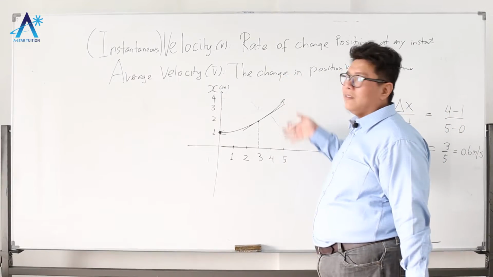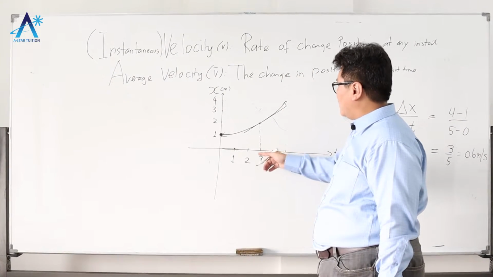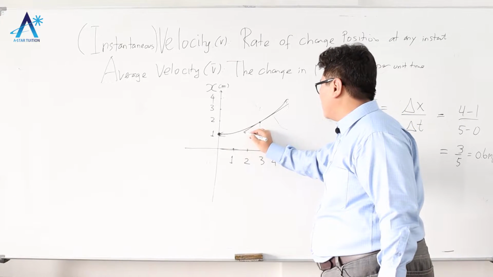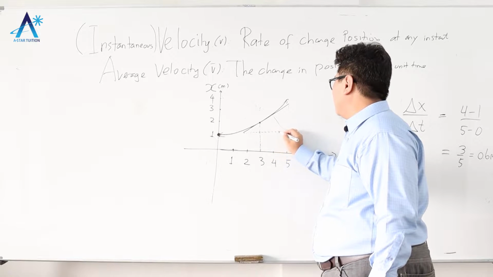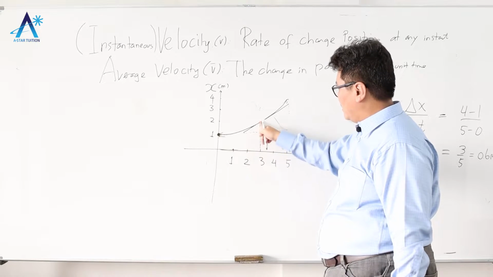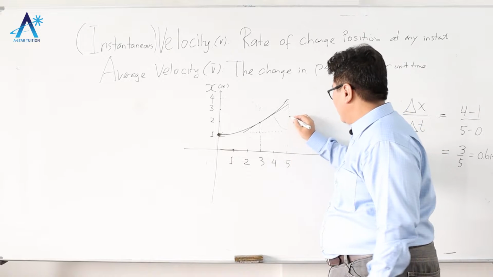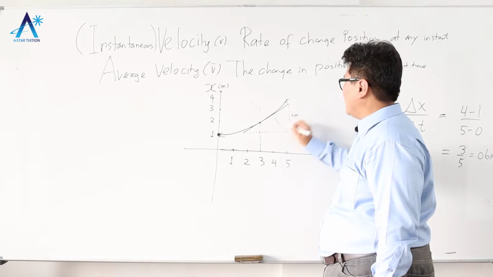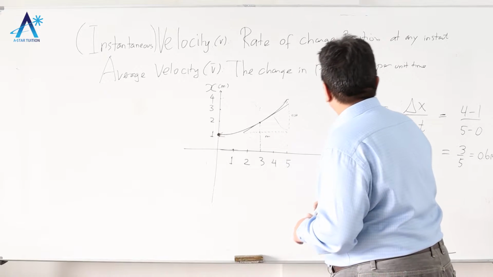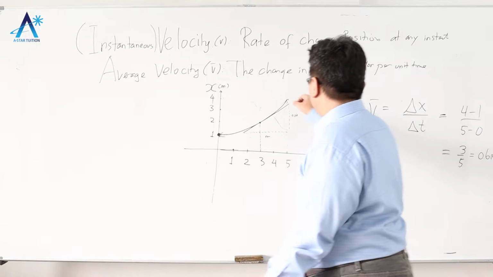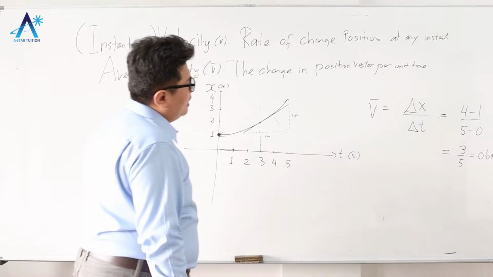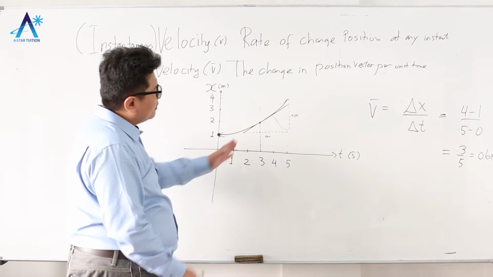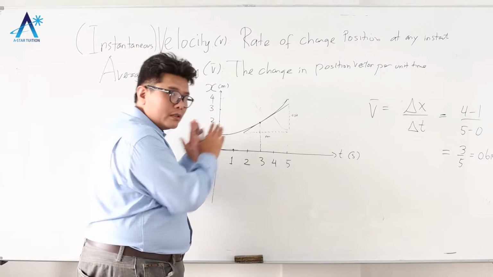So you can estimate the velocity at t equal to 3 by drawing a straight line, a tangent line so to speak, at the point of interest, and then you calculate the gradient. So rise over run. It's actually similar to the definition of average velocity, but the only difference is that the interval is very short.